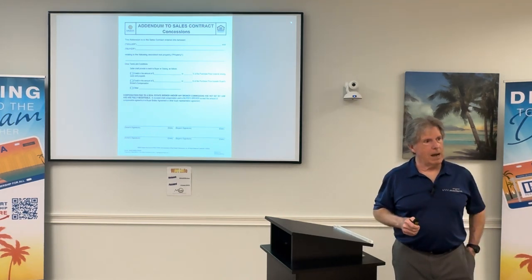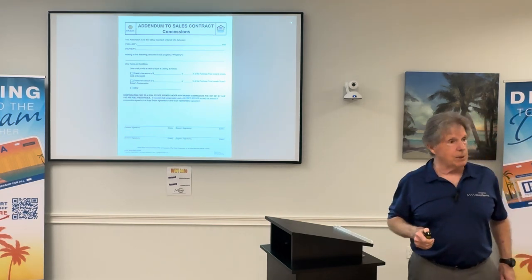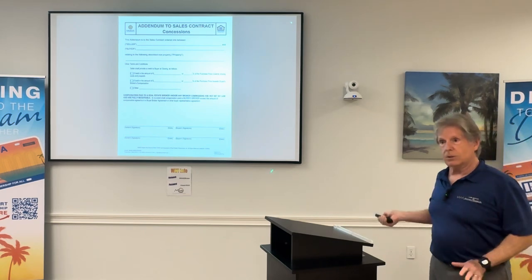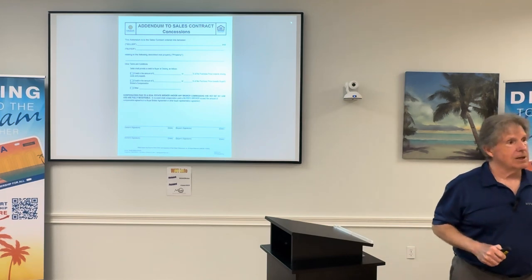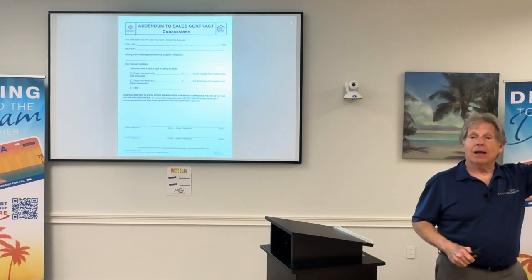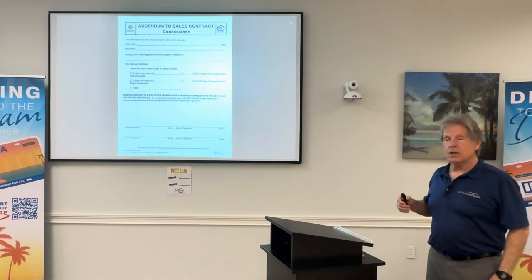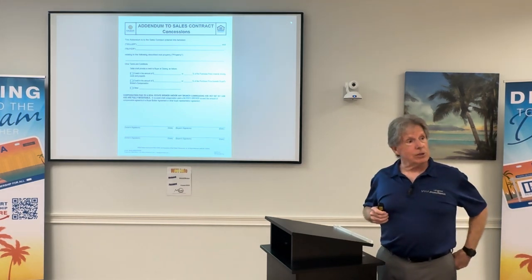Double dip. Now the seller is obligated to pay whatever they've agreed to pay the listing broker, of which they've agreed the listing broker is going to pay something to the selling broker. And the seller has now signed a contract that says, oh, I'm also going to pay, usually, an amount equal to what my listing agreement says the listing broker is going to pay to the selling broker, as a concession to the buyer.